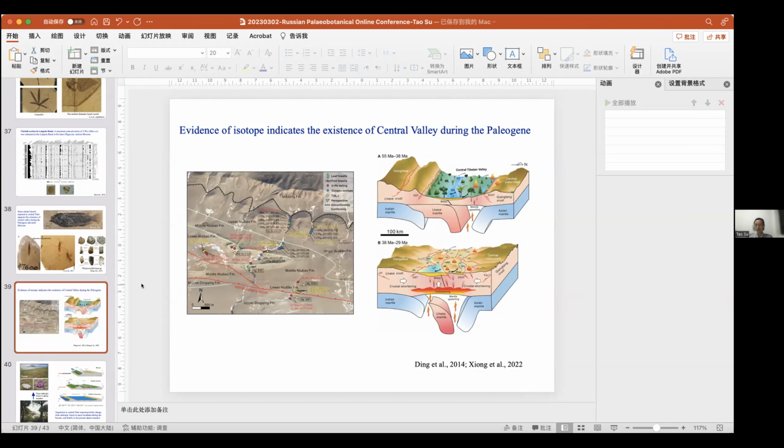This geological activity still occurs even nowadays, and the central Tibetan region grew higher and higher, and sediments accumulated. The paleo elevation was higher and higher, and then the climate should be cooler and cooler.